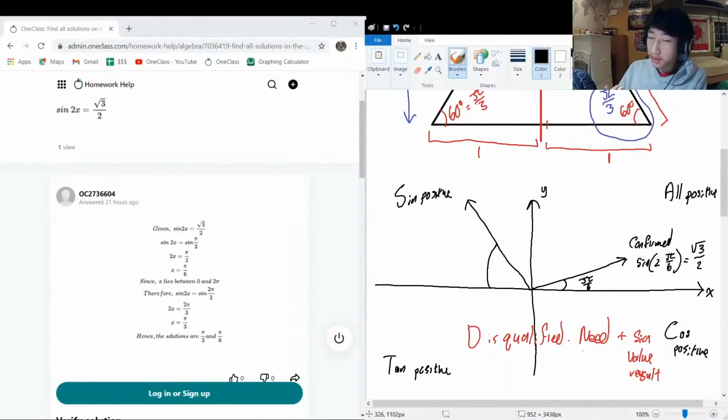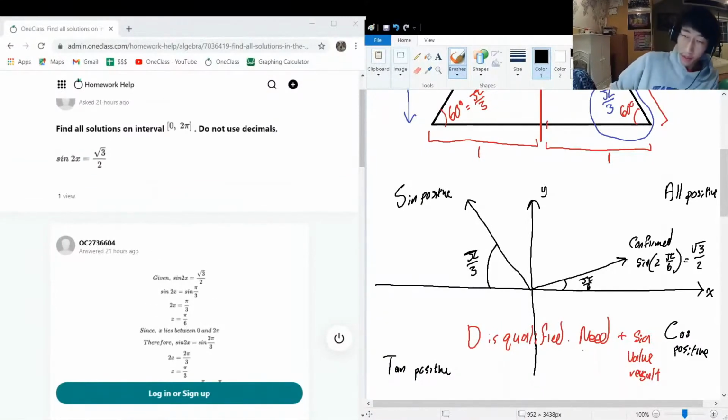This is what's going to lead us to root 3 over 2, because this corresponds to pi over 3. And because we want pi over 3 to ultimately be on the inside of the sine, keep in mind the multiplication by 2 inside the sine complicates things a little. So if this is what we want, this angle here has got to be 2 pi over 3.